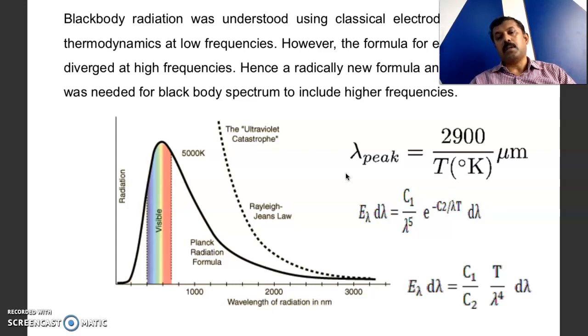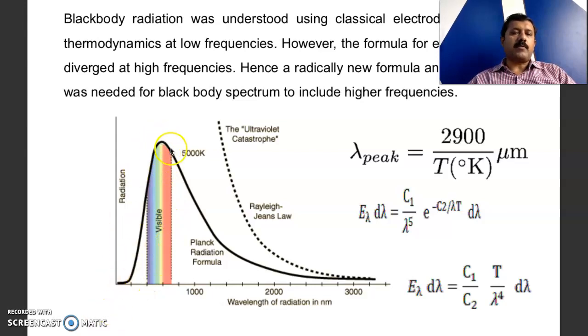For example, the surface temperature of our sun is about 6000 Kelvin. Say you want to find out the surface temperature of a particular star. How do you know that the surface temperature of the sun is 6000 Kelvin? It is very simple. You take the solar spectrum.